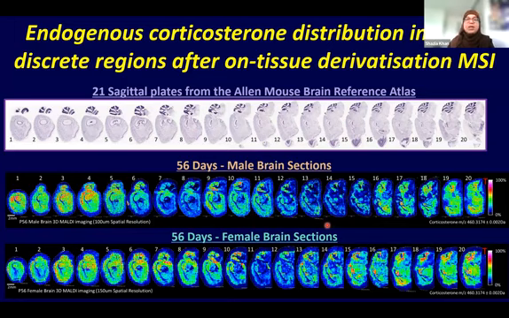We can detect these in both male and female adult brain, and we can overlay these with the Allen Mouse Brain Reference Atlas to precisely assign neurosteroid distribution to specific regions of the brain tissue.